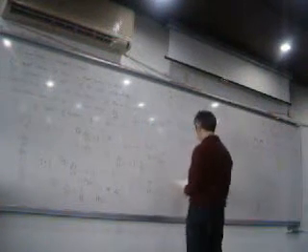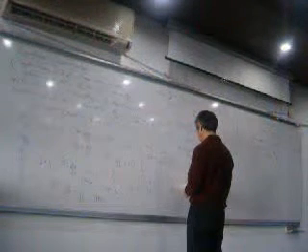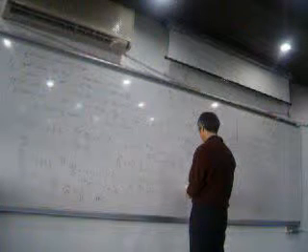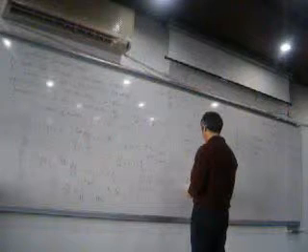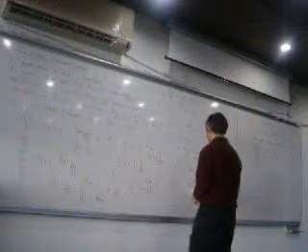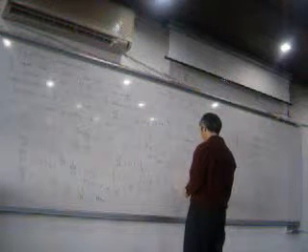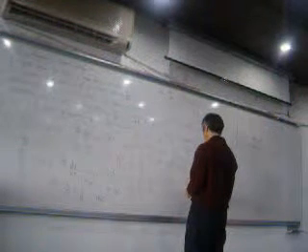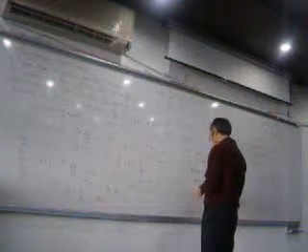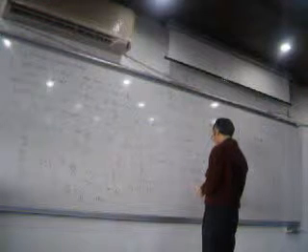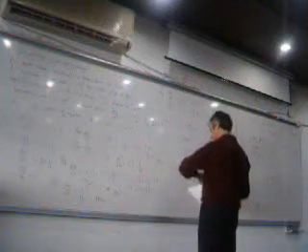This example is like this: x dot equals x times (1 minus x minus y). I am writing not x1, x2, but x and y. And y dot equals y times something.